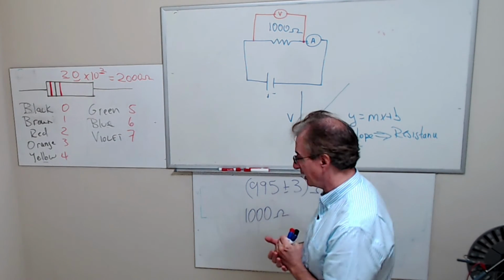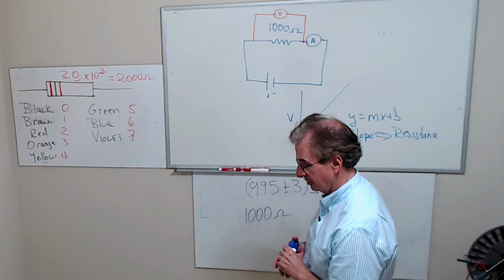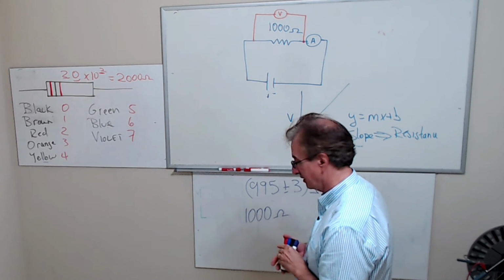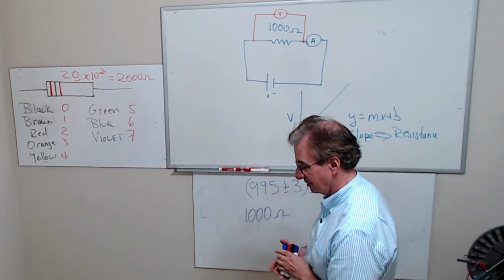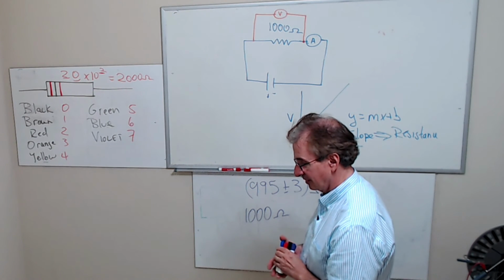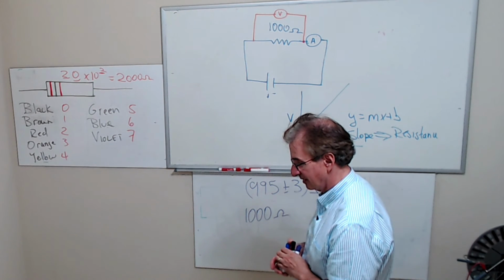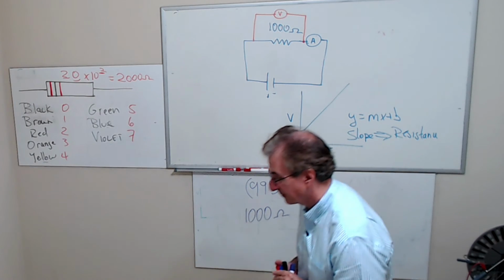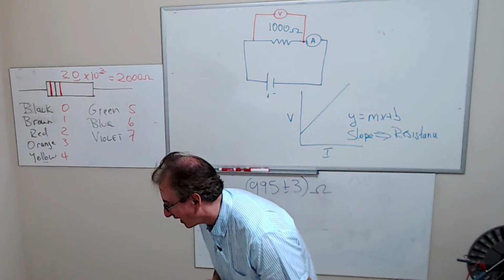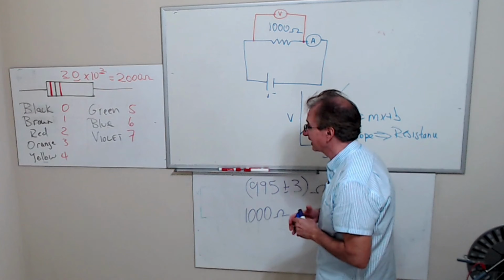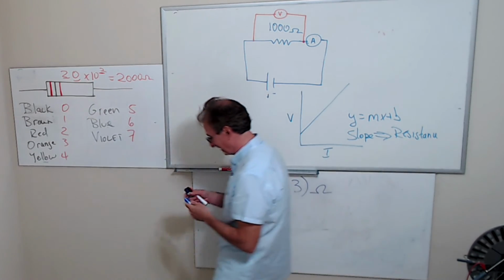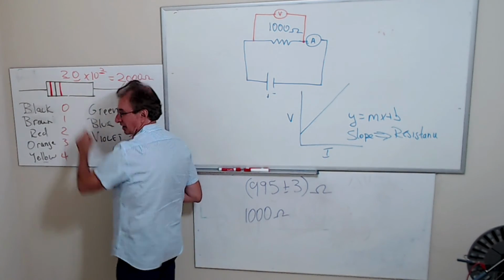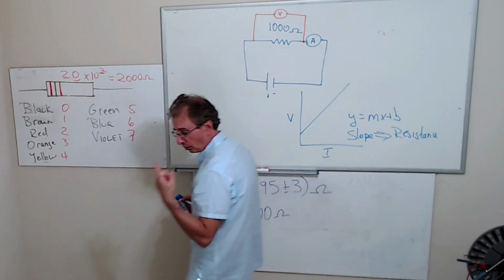So, Patrick, why do you say yes? Ah, good, good. It depends. I'm glad. It depends on what the color band is. So let's say the color band's gold, 5%.